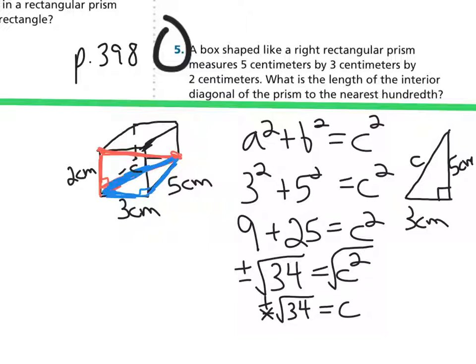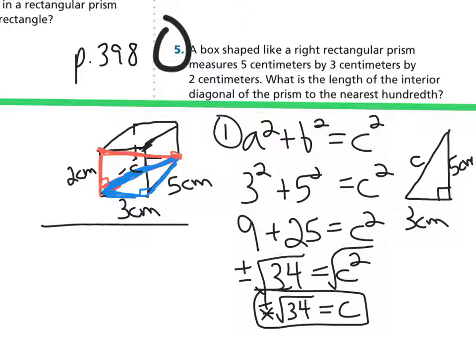It should be. If it's not, then I made a mistake. 5.8 something is bigger than 3 and 5, right? Okay, so we're in good shape. I'm just going to leave that as square root of 34, because that's going to make my job easier now.